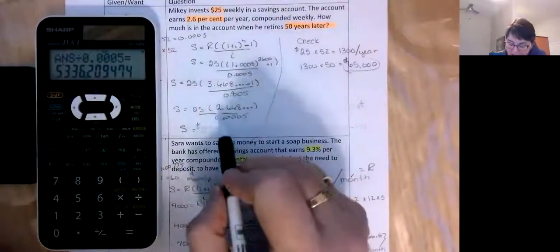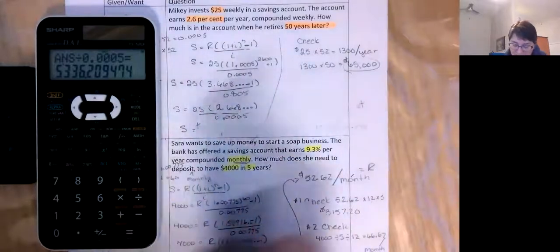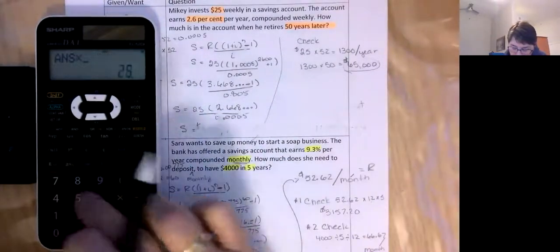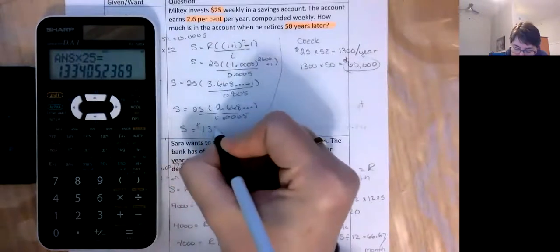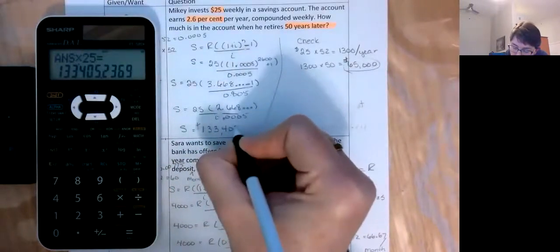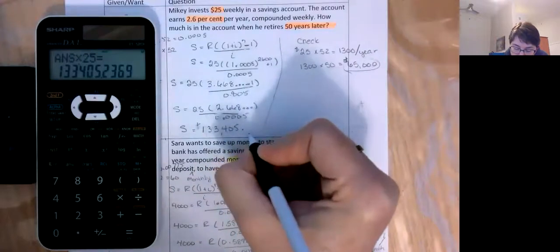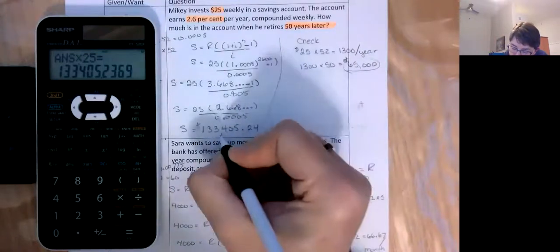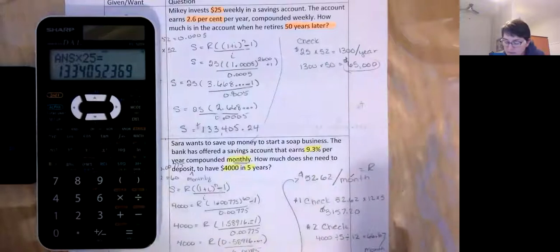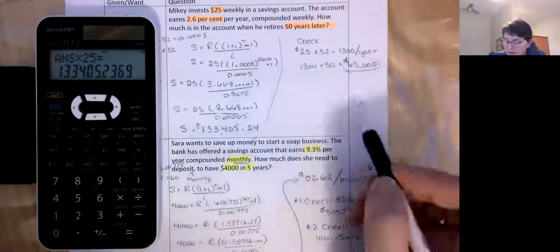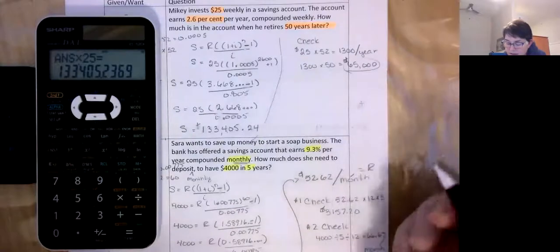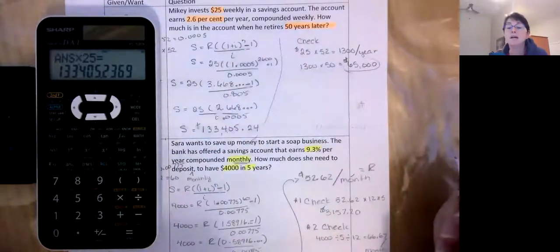Oh, I forgot to multiply by the 25. I'm going like, now I'm really messed up. There we go. 133,405.24. Okay, that seems better. $133,405.24. Not the 233. So, sorry about that.